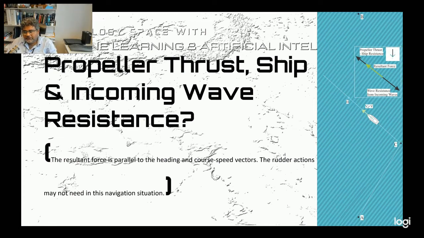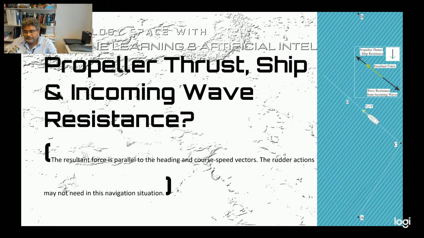You should note that this resultant force creates the course speed vector of this vessel, and both the heading and the course speed vectors are in the same direction in this situation. However, the magnitude of this course speed vector may not be as large as in the previous situation, because since the vessel is completely working against the wave field, it may consume quite a lot of energy to create this course speed vector.